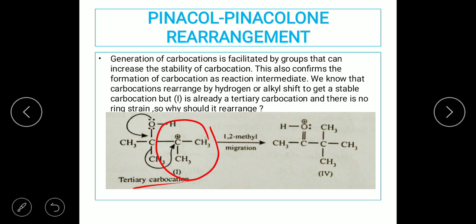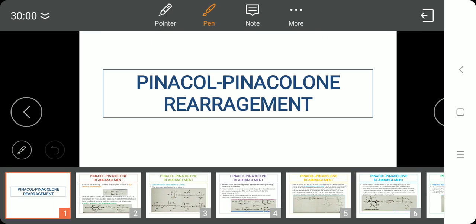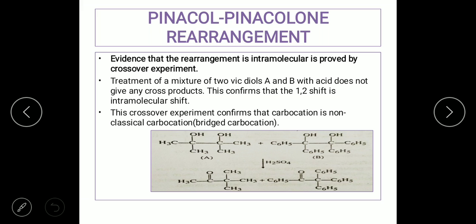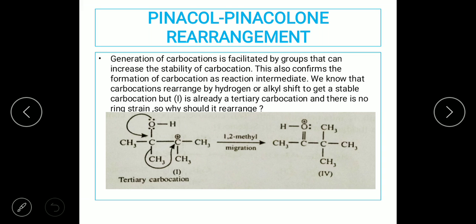Now this can be explained based on the stability of the two structures, 1 and 4. When you look at structure 1, there is no doubt there's a tertiary carbocation, but there is going to be a 1,2 methyl shift towards the carbocation.